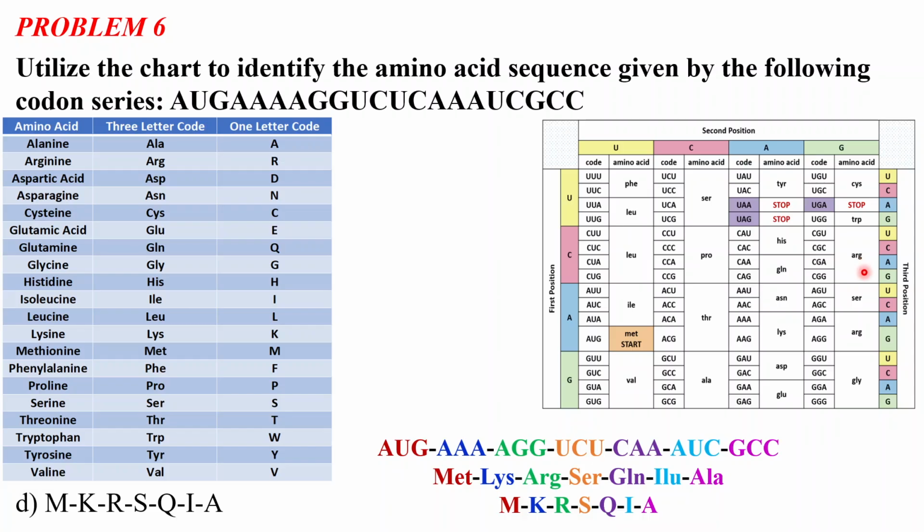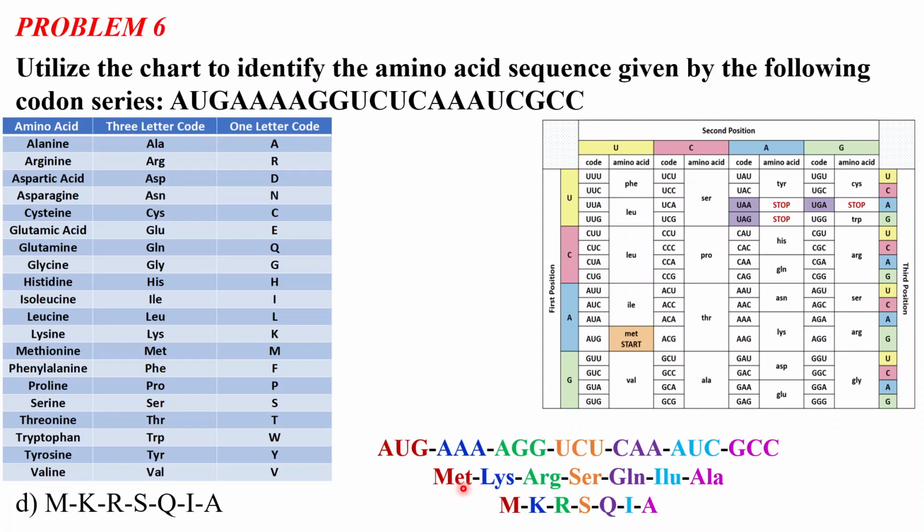UCU is for serine. Then CAA is glutamine. Then we have AUC for isoleucine, and GCC is for alanine.